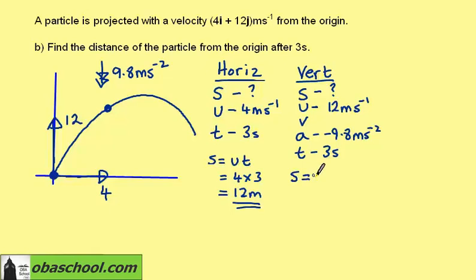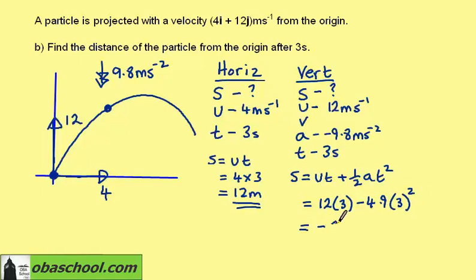We can use s is equal to ut plus a half at squared. So this is going to be 12 times 3, a half of minus 9.8 is minus 4.9, times 3 squared. And this gives us minus 8.1 meters.